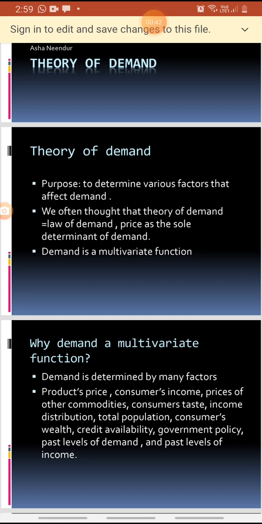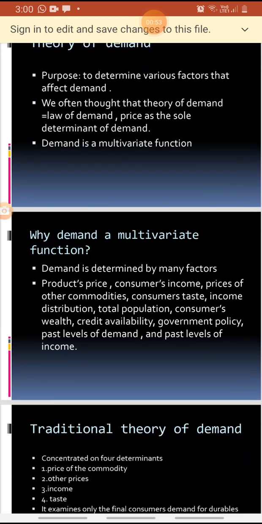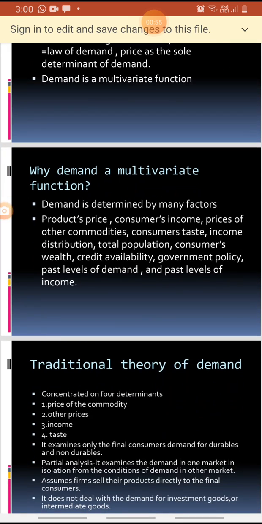But really, demand is a multivariate function. What is the meaning of multivariate function? There are many variables that determine the demand. So demand is known as a multivariate function. Why is demand a multivariate function? Demand is determined by many factors. What are the factors that determine demand?